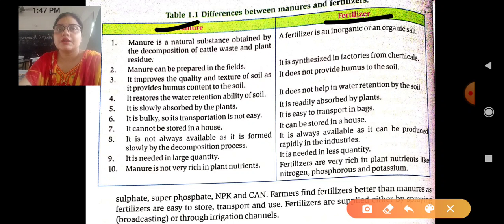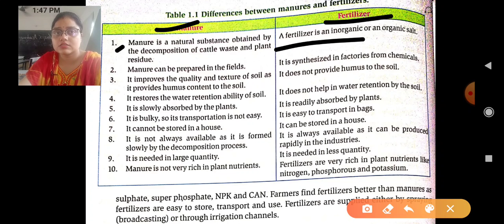First one: manure is a natural substance obtained by the decomposition of cattle waste and plant residue. You know it very well. And fertilizer is an inorganic or organic salt.